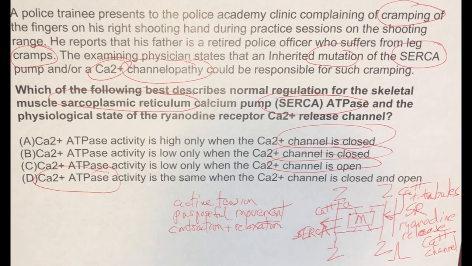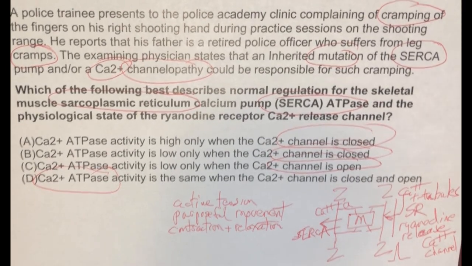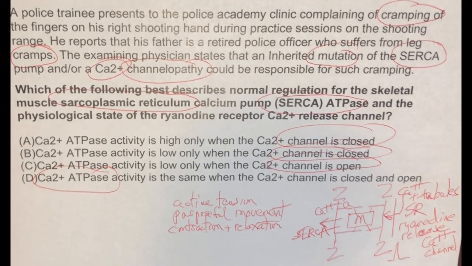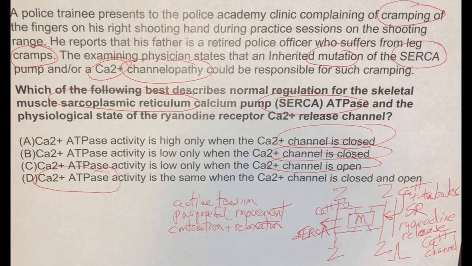But that would be a mutation of the ryanodine receptor calcium release channel, known as a channelopathy. We're not asking about that. We're only asking about the relationship between the SERCA pump and that channel. It turns out that the calcium ATPase activity is always going on.